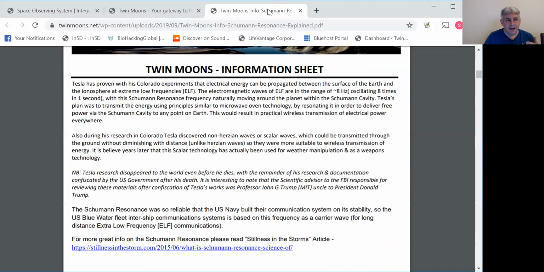effectively using it to hitch a ride, for want of a better word. The US Navy could use it to communicate with any ship anywhere in the world. So effectively, by just having this carrier wave being able to bounce the signal in the Schumann cavity, a ship in the Atlantic could be talking to somebody on a ship in the Pacific easily. And this persisted for decades.